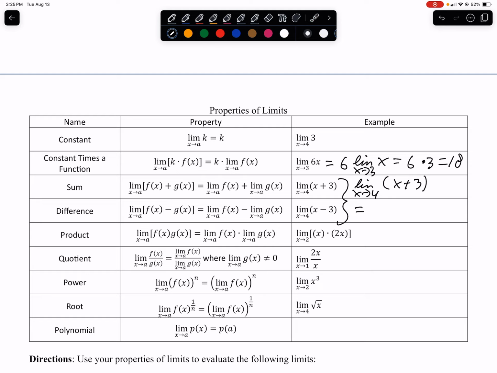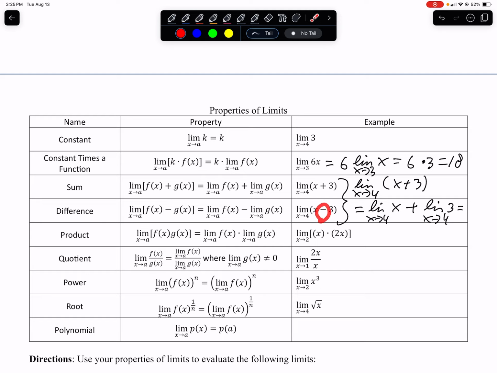So what does the rule say? I have one function, I have a second function. I have an f and a g. I'm allowed to separate into two separate functions. So that's what I'm going to do. This equals the limit as x approaches 4 of your first function plus the limit as x approaches 4 of your second function.